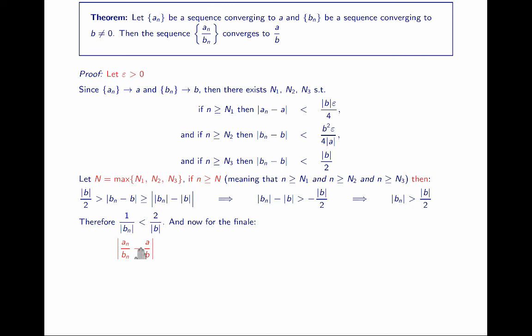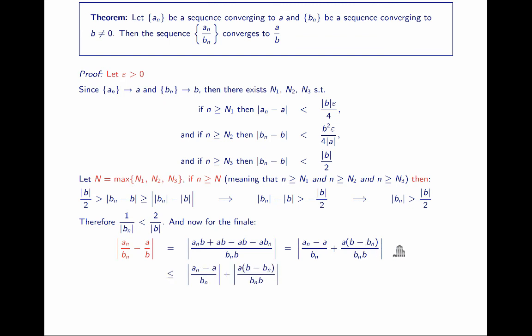So a_n over b_n minus a over b. I put it over a common denominator. I add 0 just so. I separate the a_n and a terms and the b and b_n terms because I can bound them, right? So I separate them in just the right way. I use the triangle inequality to separate them so that I can make use of my bounds.